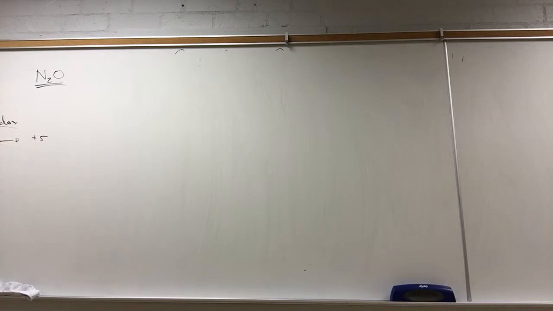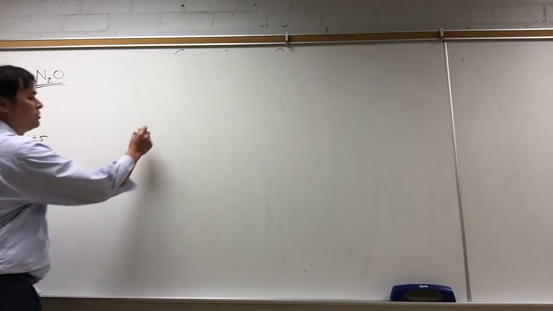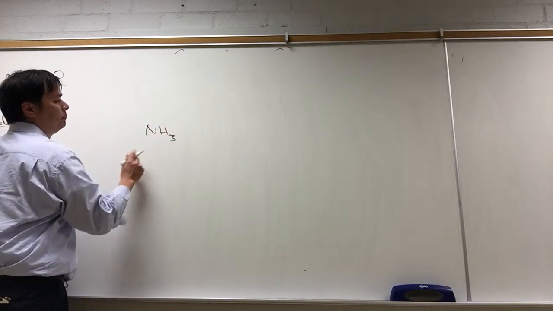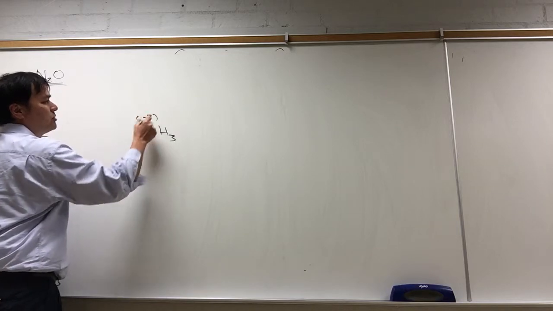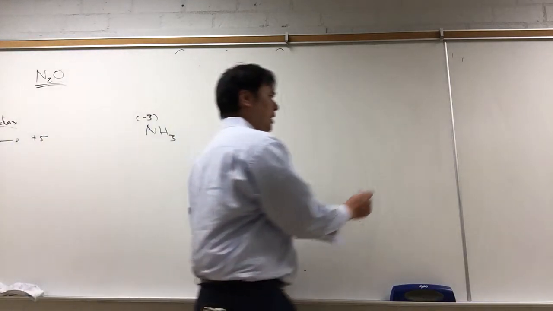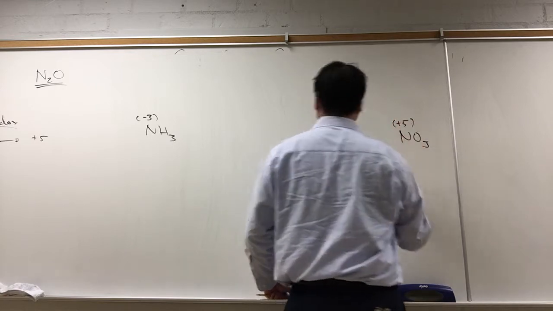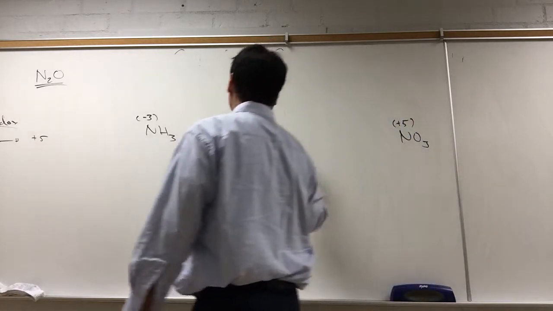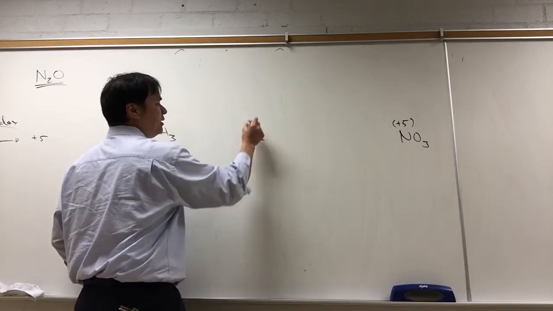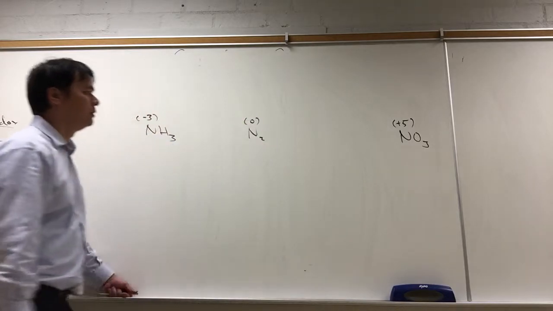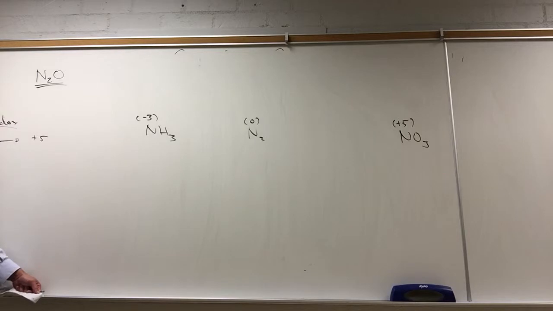And what you see are compounds ranging from -3, like ammonia or ammonium, which have nitrogen in the -3 state, to +5. +5 would be nitrate. And then you have a variety of compounds in between, including the element, which is at 0 oxidation state.